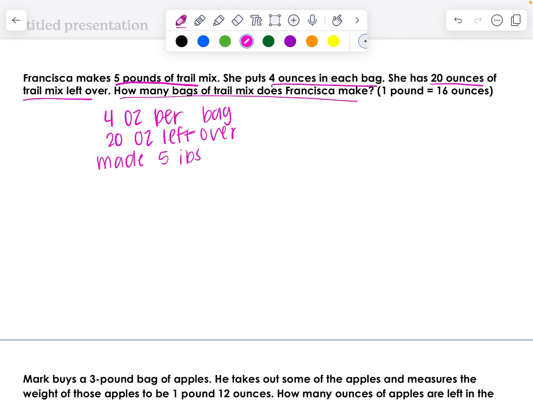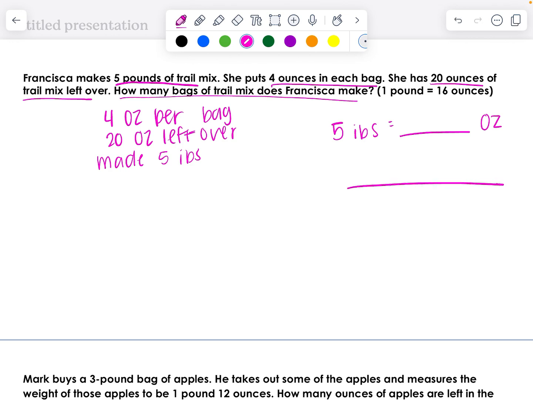Okay, so what I know I need to do to start is switch or convert my pounds to ounces. So I need to convert 5 pounds to however many ounces.